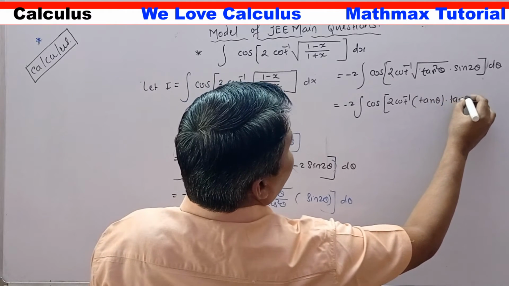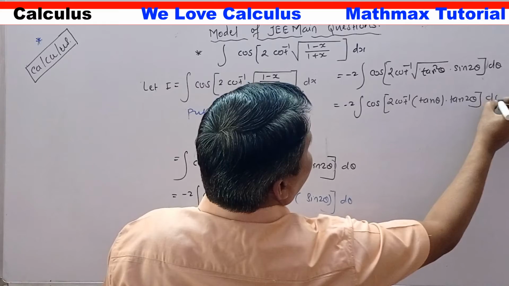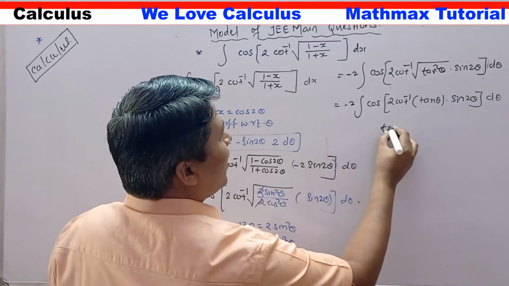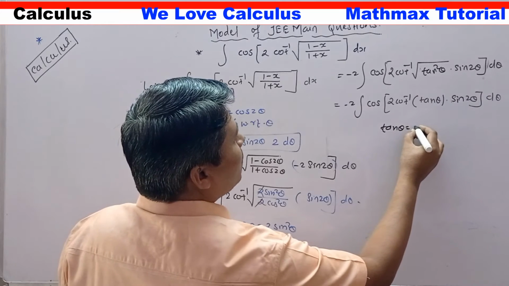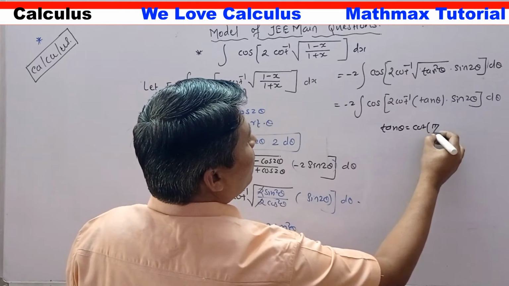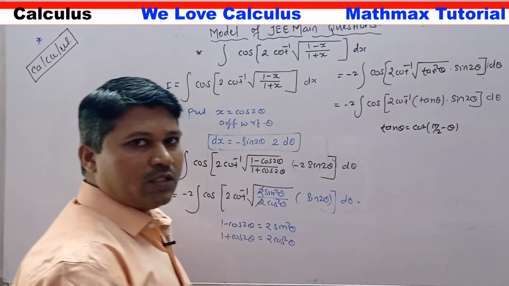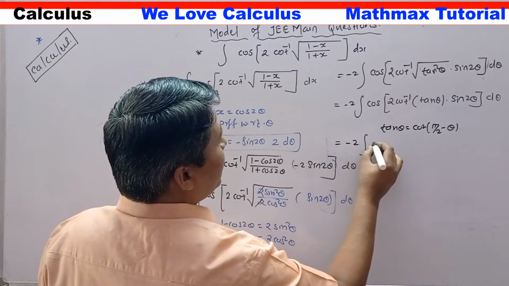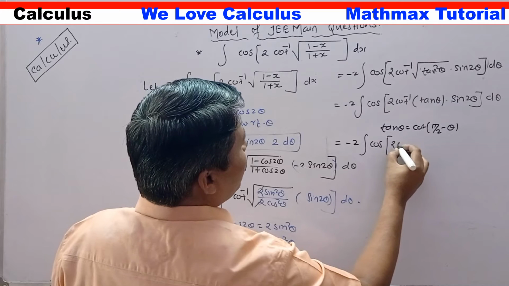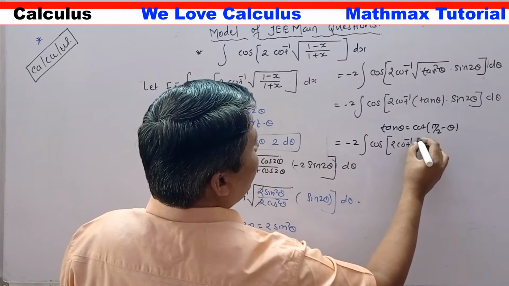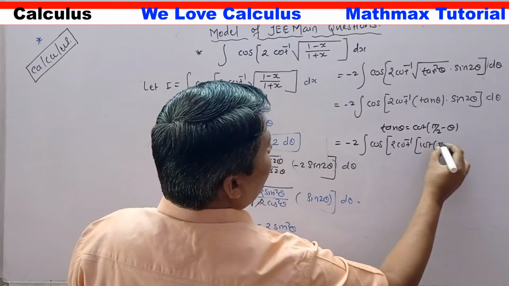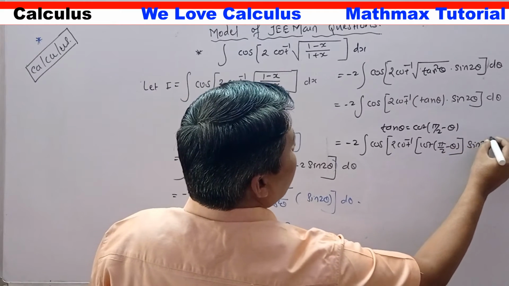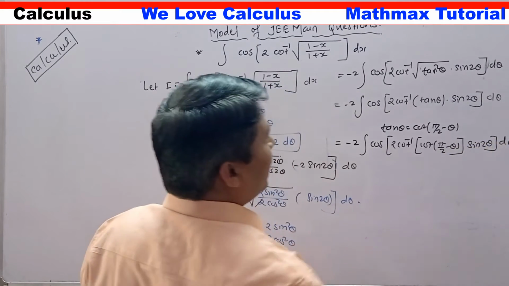We know the allied angle formula: tan theta is equal to cot(pi by 2 minus theta). We replace it, giving minus 2 integration of cos(2 cot inverse of cot(pi by 2 minus theta)) into sin 2 theta d theta.